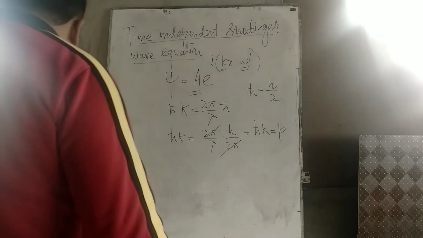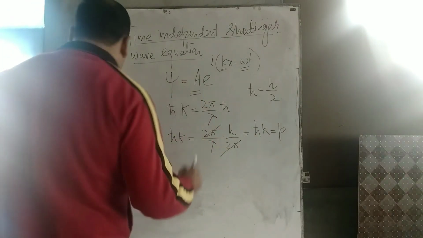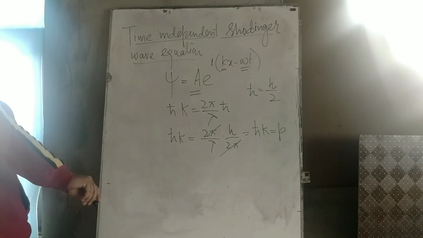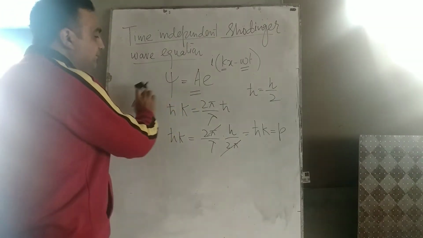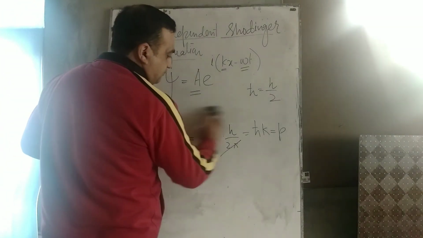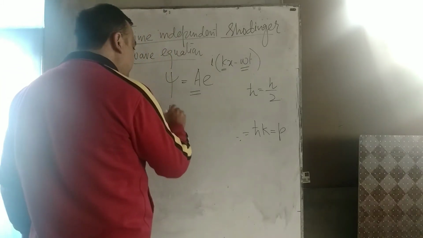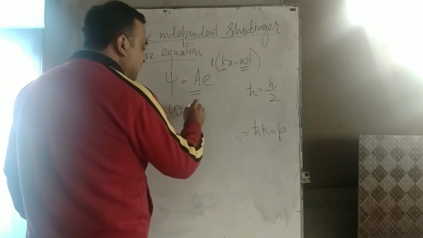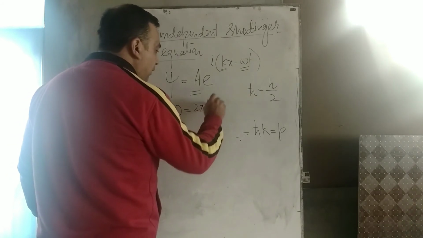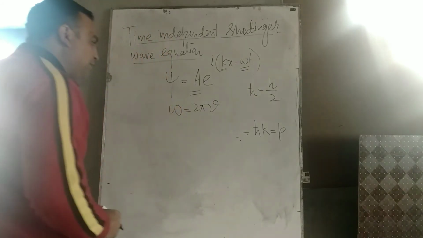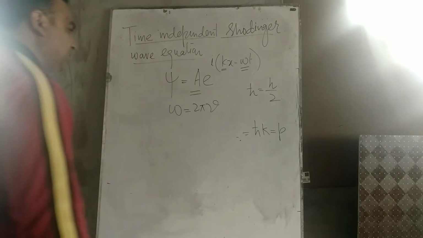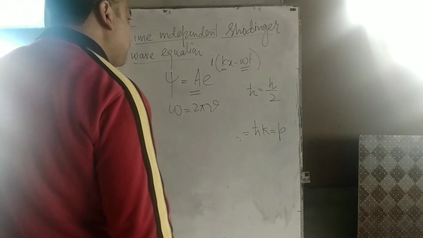Similarly, if I take omega, this omega is angular frequency, and it must be 2 pi nu, where nu is the linear frequency and omega is the angular frequency.